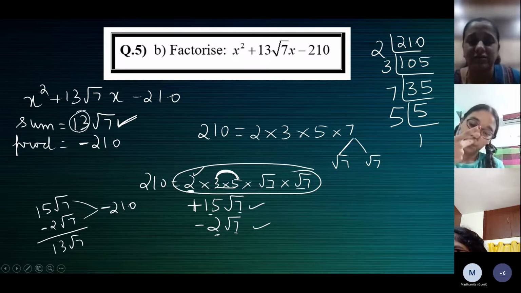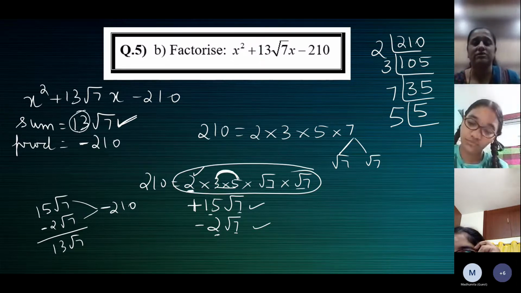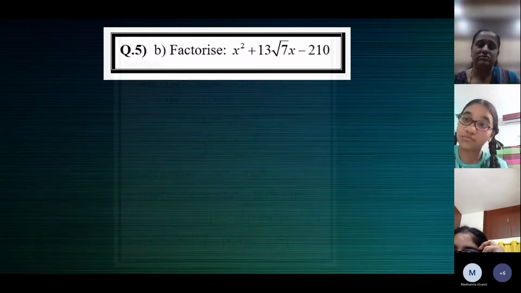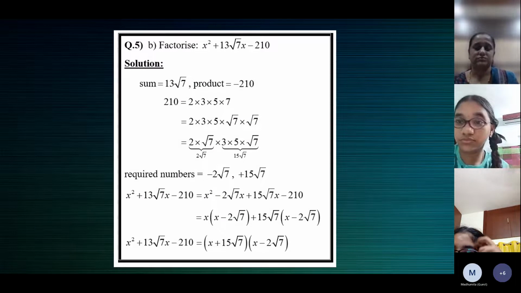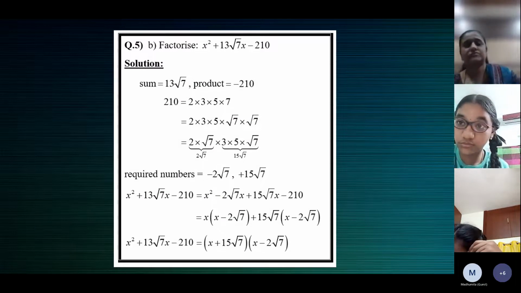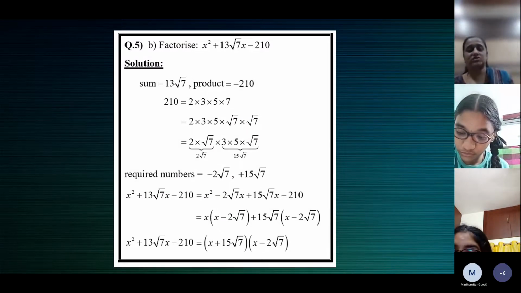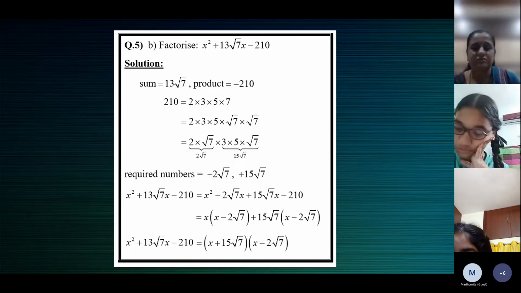And then you will have to split the middle term using these two numbers. Group the first two terms, last two terms. Yeah, children, complete the answer using this slide.